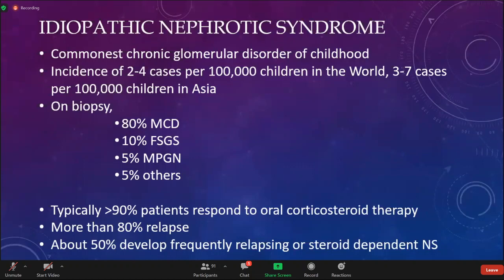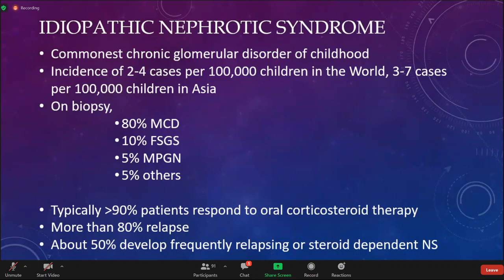And the incidence is 2 to 4 cases per 100,000 in the world. But you have to remember that if you look at South Asian countries or Asian origin, the incidence is higher. Therefore, in Asian countries, we see more children with nephrotic syndrome compared to the Caucasians.